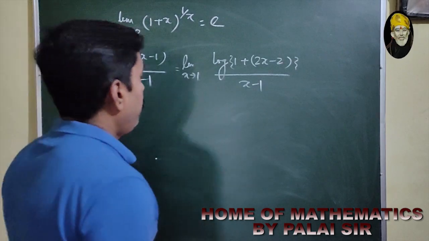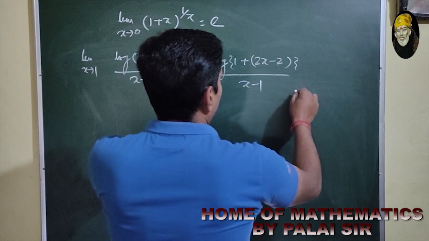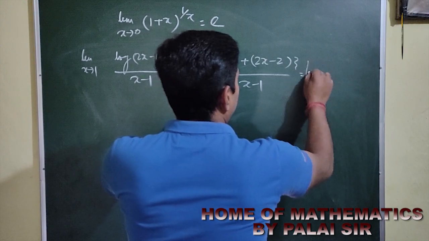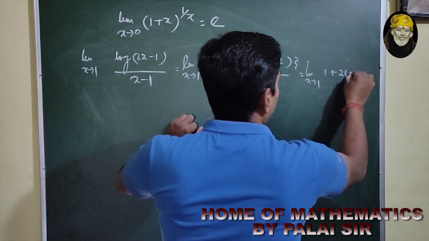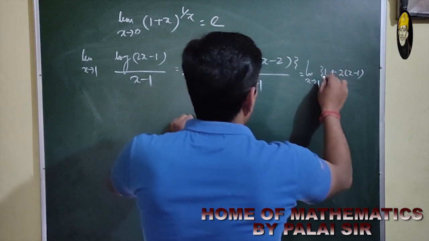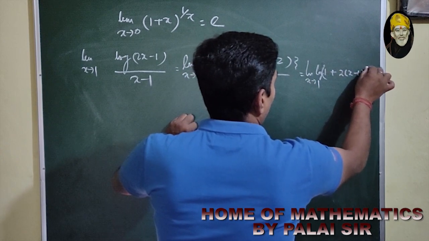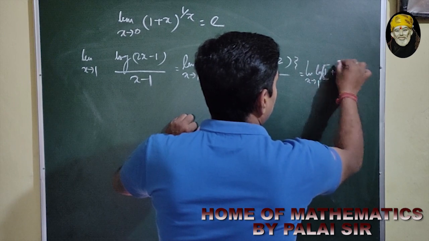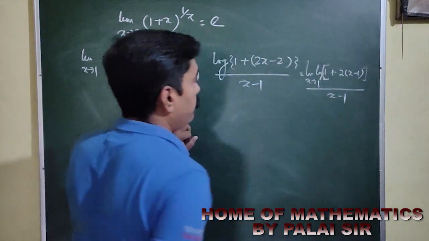You can make it limit x tends to 1, log(1 plus 2 into (x minus 1)) divided by (x minus 1).